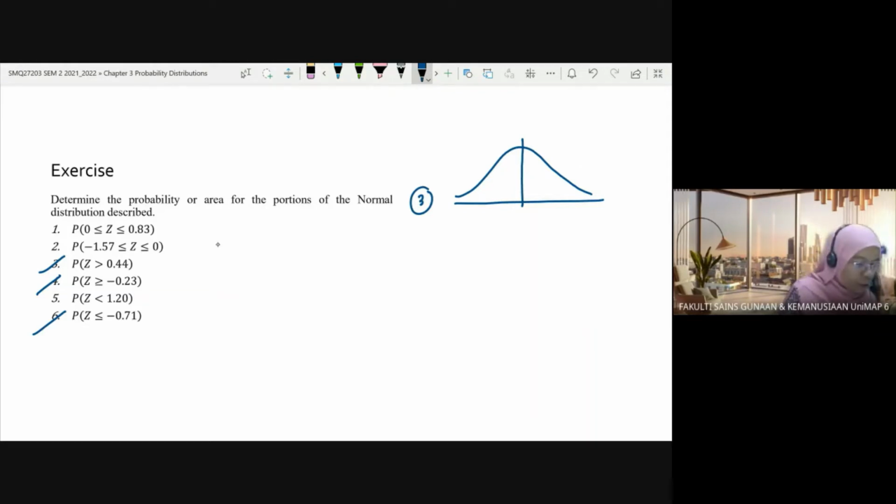Okay, so we are looking for 0.44. The mean is 0. 0.44, let's say, is over here, greater than. Okay, so this will be what? We know that half of the area is 0.5 minus this particular X region. So what is the X region is giving you the probability value?